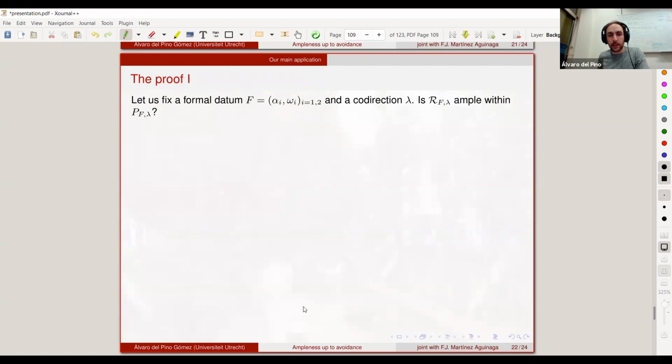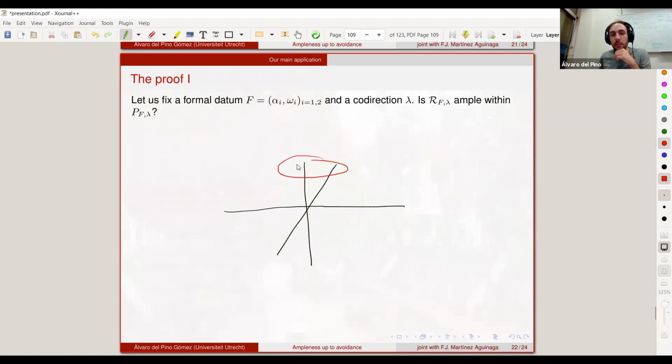The punchline is that when you run the proof, let me just do the picture. What you encounter is that the ampleness of the hyperbolic condition is equivalent to the ampleness of the outside of this cone. I think this 3-dimensional space represents the space of symmetric matrices, the space of quadratic forms.